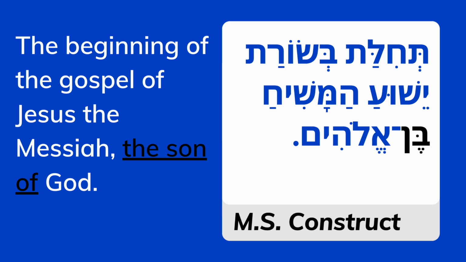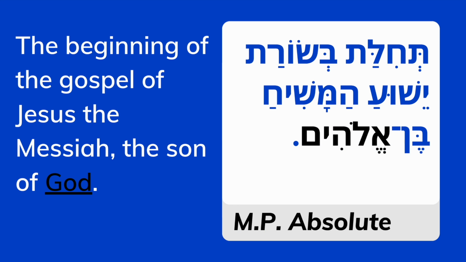And just like in Matthew 1:1 there, Mark 1:1 also has this term ben, which is the construct form, the son of. So Techilat Besorat Yeshua, the beginning of the gospel of Jesus, HaMashiach, the Messiah, ben, the son of, masculine singular construct form, the son of Elohim, God, which is a masculine plural absolute form.